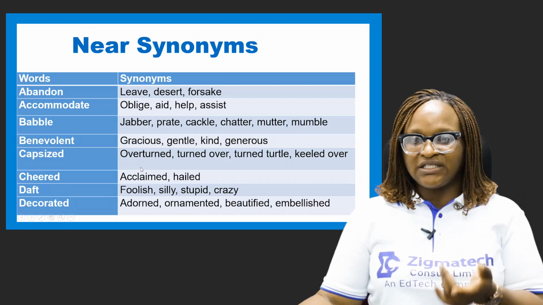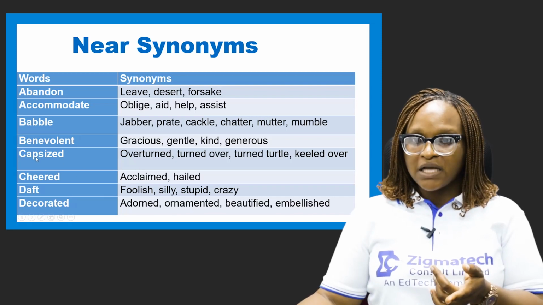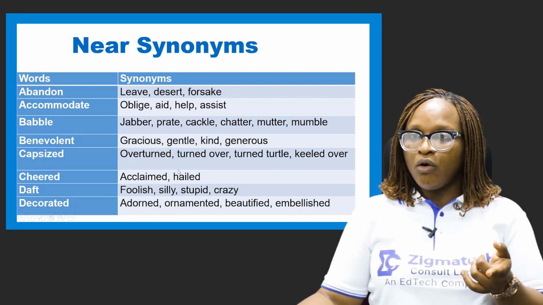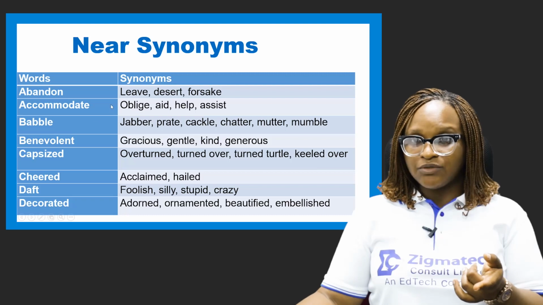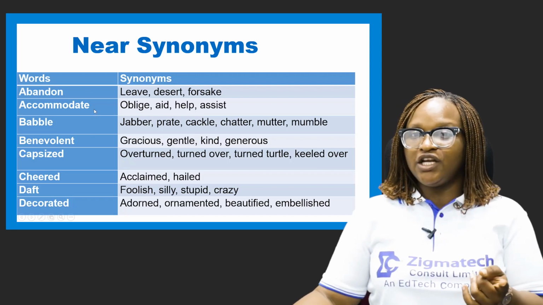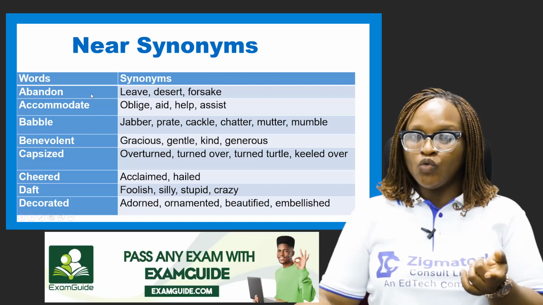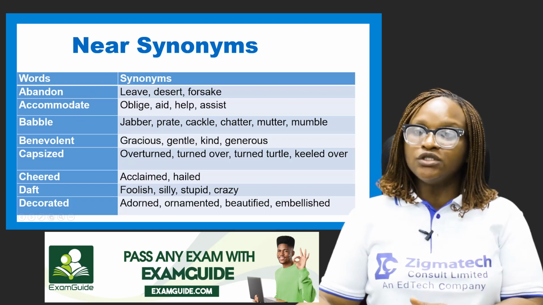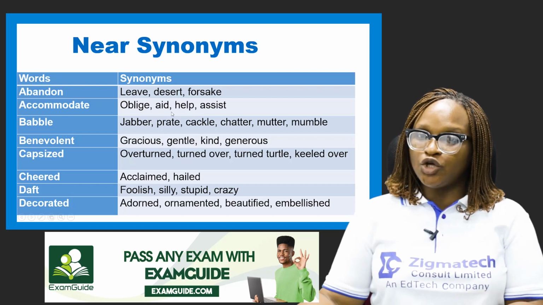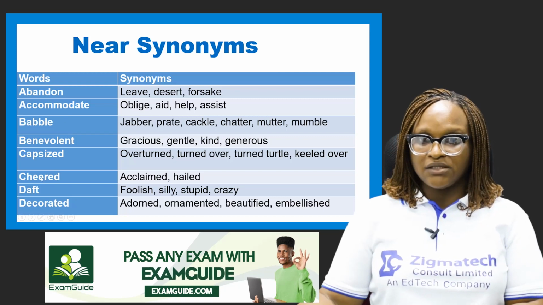Capsized means overturned. Notice one thing, capsized is a verb, and all the synonyms are in their verb forms. So that brings us to what I said initially, that once a word is in a noun form, depending on the word class, do well to see that the synonym is in that same word class.